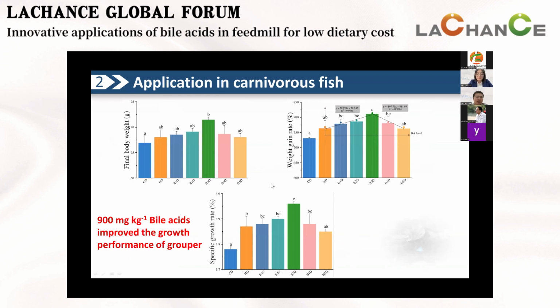We can see that for growth performance, the final body weight, the weight gain, and the specific growth rate of the grouper increased with the addition of bile acids, and the suitable supplementation level in this group is 900 milligrams.